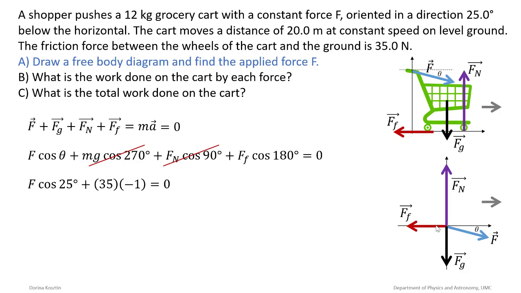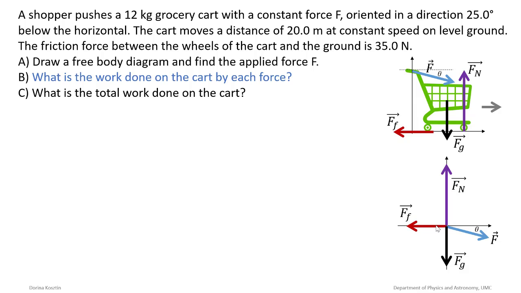Force F multiplied by cosine of angle theta, which is 25 degrees as given in the problem, plus magnitude of the force of friction, which is 35, multiplied by cosine of 180, which is minus 1, equals 0. From this equation, we obtain that the magnitude of the force F is 38.62 newtons.